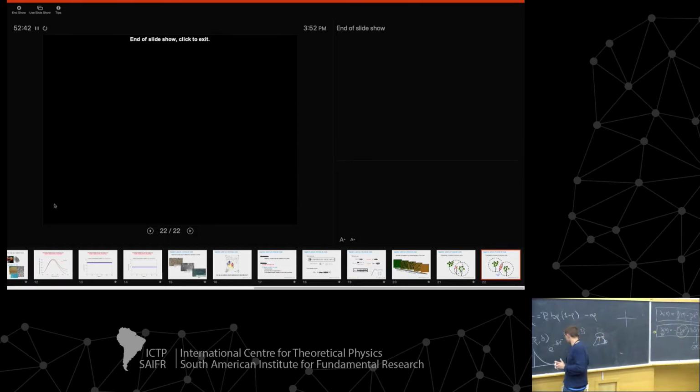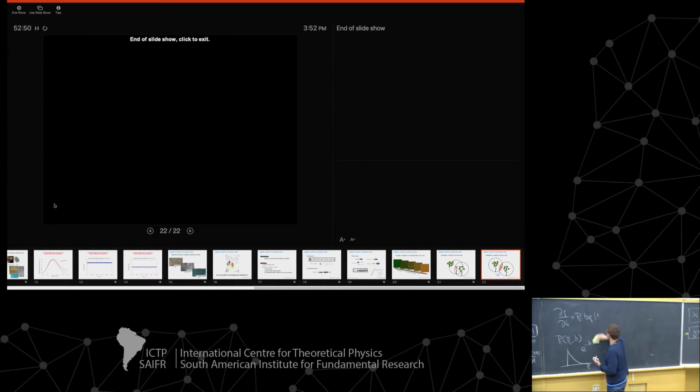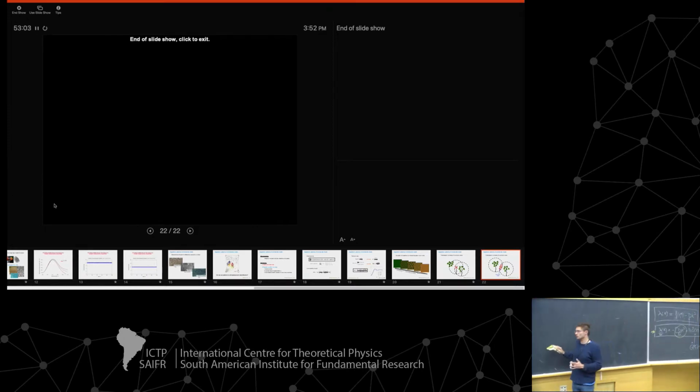The other mechanism that is much more frequently invoked to explain these patterns is based on two reaction diffusion equations like the ones that we have here, and it was proposed by Alan Turing in the 50s. I'm just going to give you, we're not going to do the whole mathematical analysis.